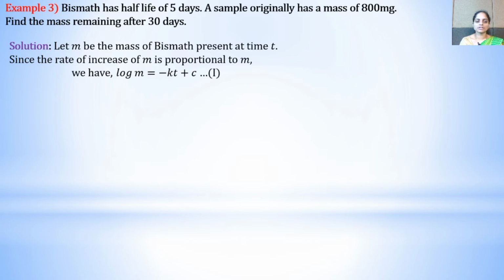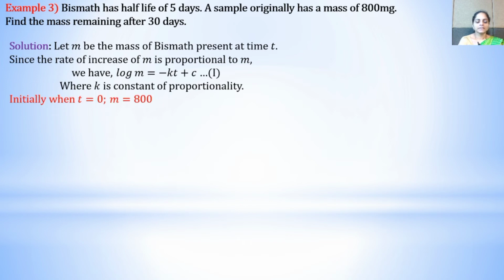This is our equation number 1, where k is a constant of proportionality and the negative sign indicates that mass will decrease. Initially, it is given that the sample has a mass of 800, that is, t is equal to 0 and m equal to 800.